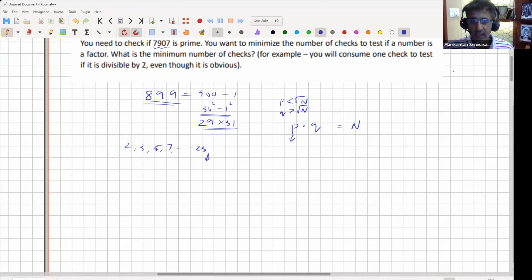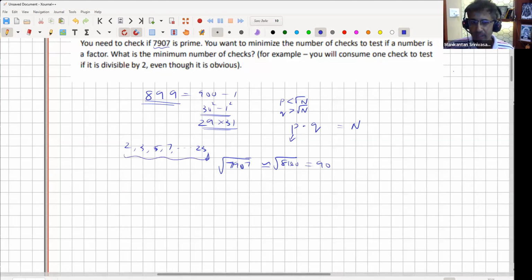So in this case, 7907, the closest perfect square, without too much hand calculation, we can say 8100, right? So approximately till 90, we need to check all the prime numbers. That is not a lot. There are only about 25 or so primes less than 100. If you already covered to 23, you have quite a few actually.